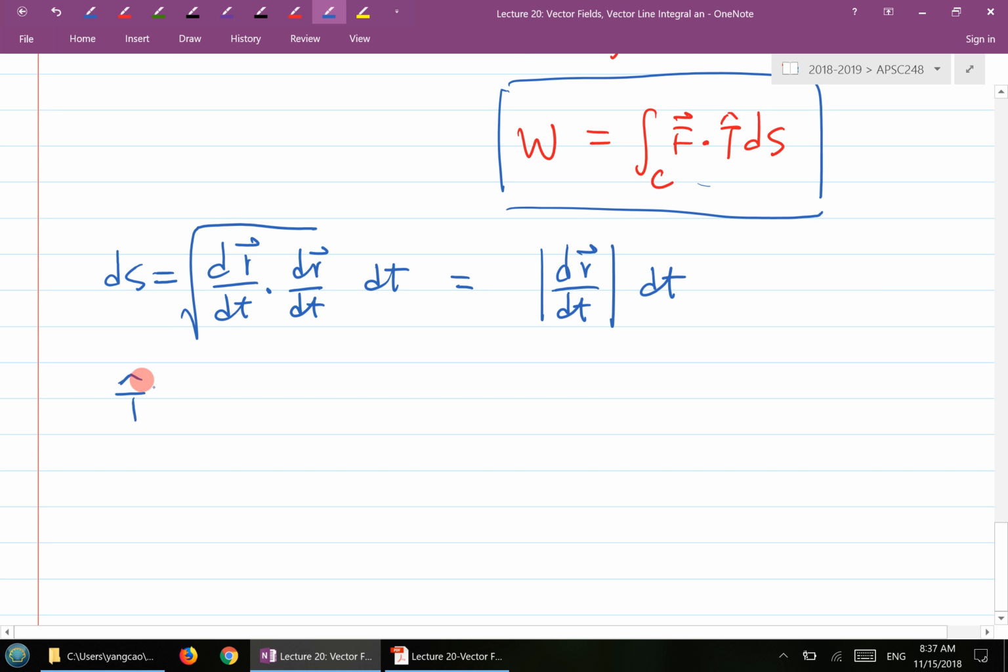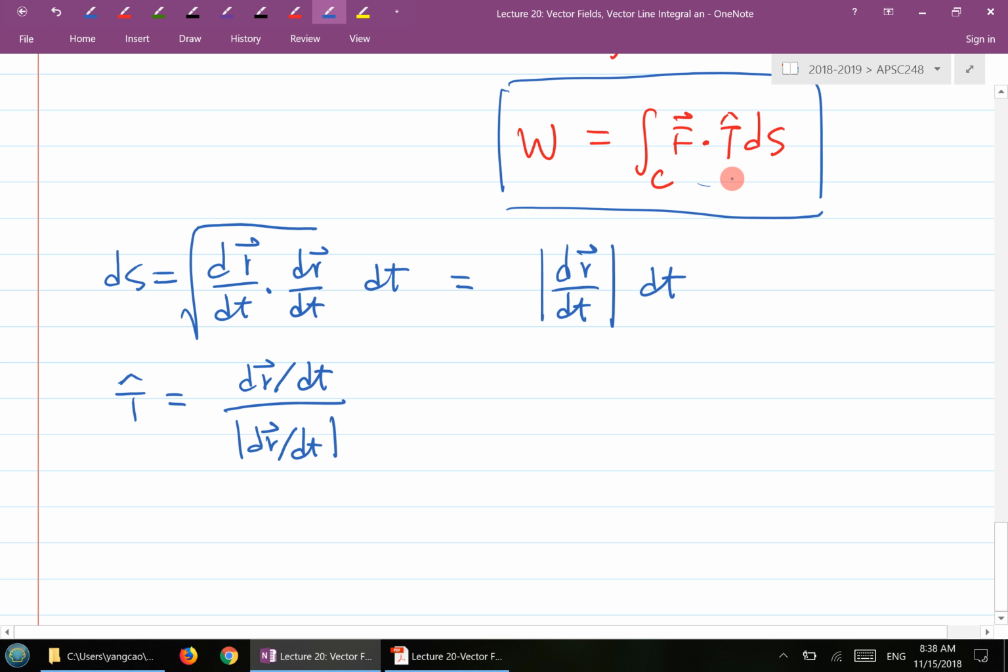And T hat, we also learned in the previous lecture, is the unit tangent vector. To calculate it, first you calculate the derivative of the parametric equation for the curve C, then you divide it by its magnitude, and that gives you the unit tangent vector.